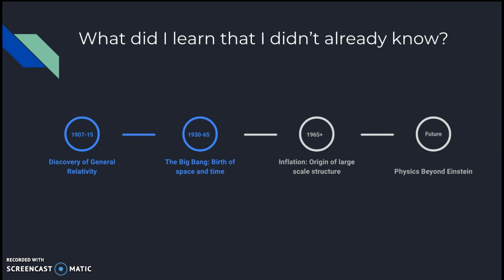Then we moved into the concept of inflation, which I was not really aware of. We applied general relativity to cosmology but ignored the fundamentals of quantum physics. This was justified because they only looked at the large-scale structure and ignored what happened in the early era before the universe was 380,000 years old.